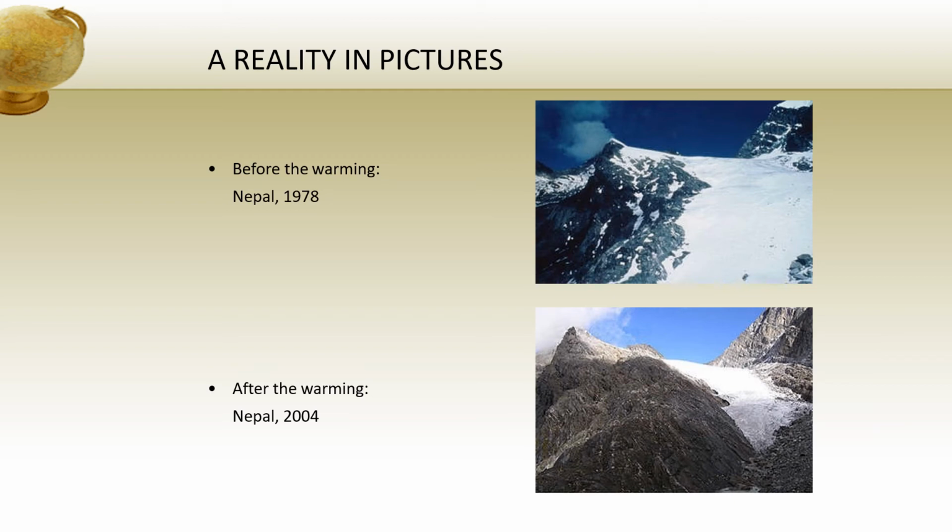Next picture which I want to show you is about Nepal in 1978. It was before global warming. Nepal was like this. There was all ice present. Ice caps were all there. And in the second picture, after the global warming in Nepal in 2004, the ice is all melted and all the mountains can be seen. Okay.